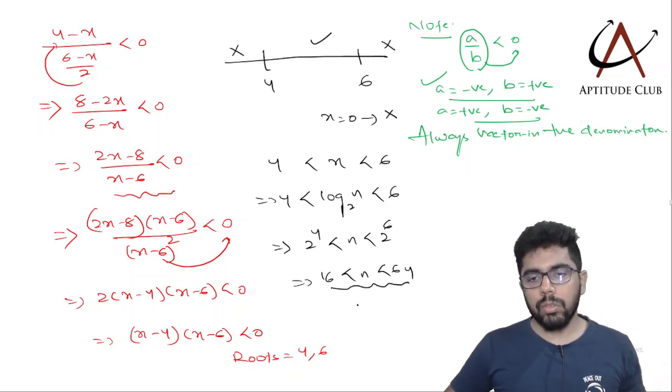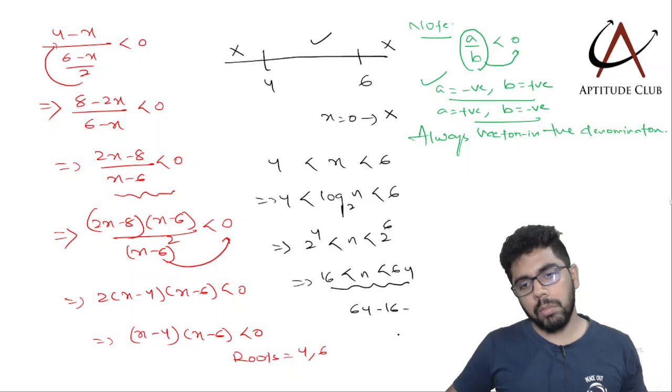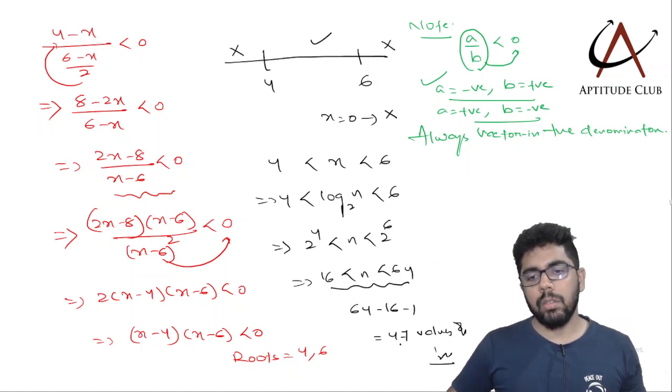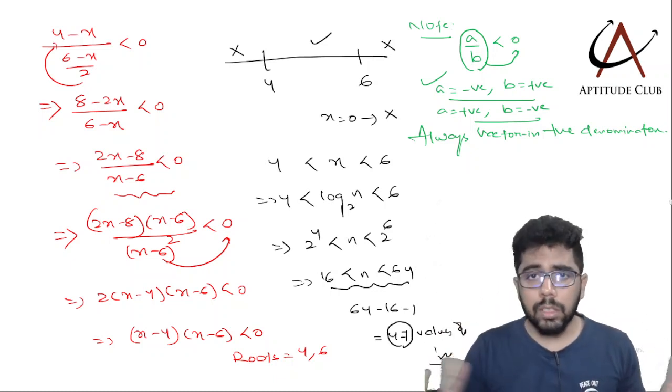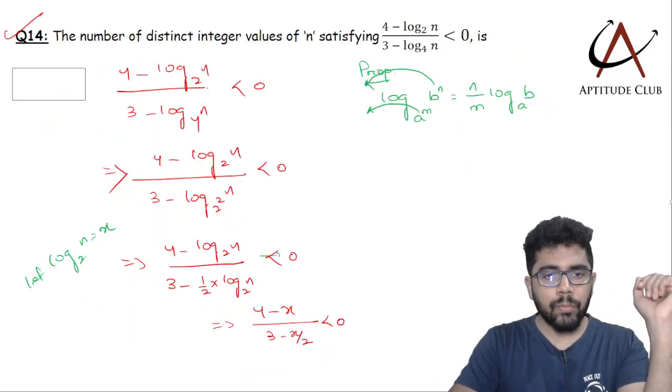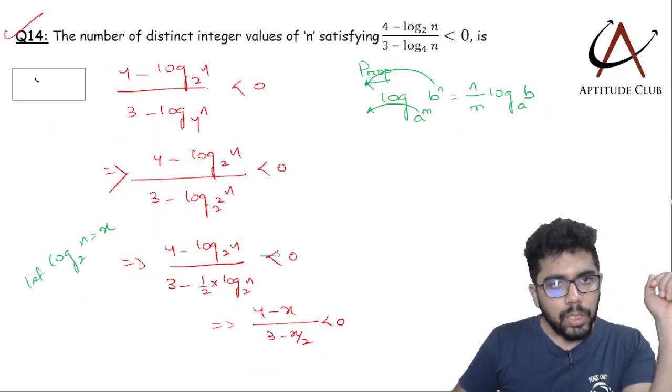So how many values? 64 minus 16 minus 1, 47 values of n. Because n is an integer, तो 16 से 64 के बीच में कितने integers हैं? That is what you have to figure out. So I'll have 47 values.